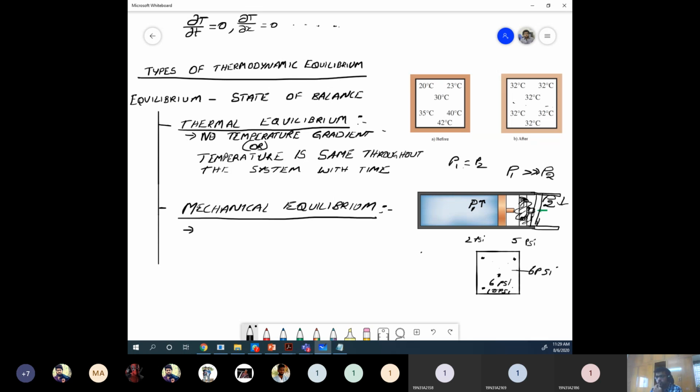So it is the same as thermal equilibrium, but here no pressure gradient should be there, or pressure is the same throughout the system.